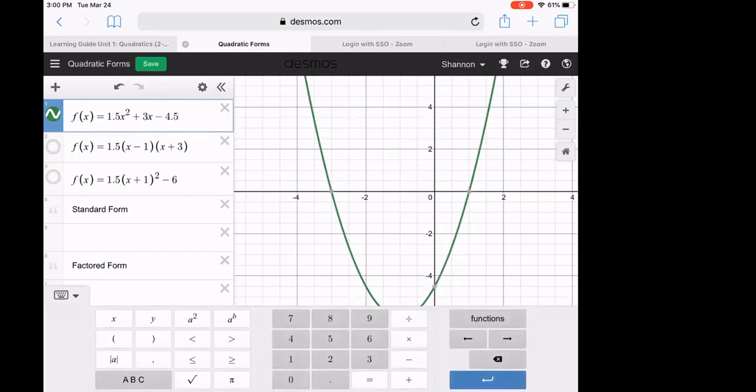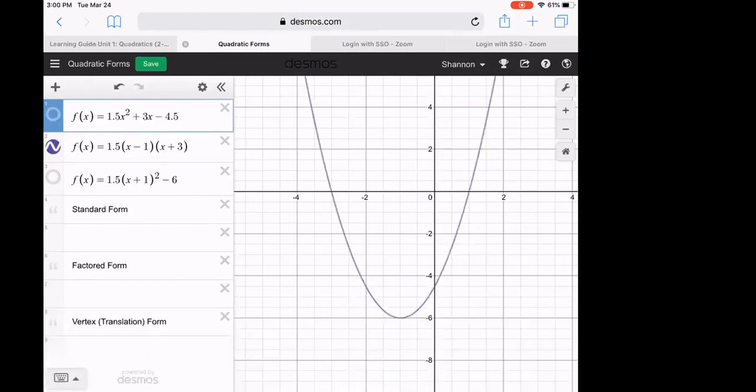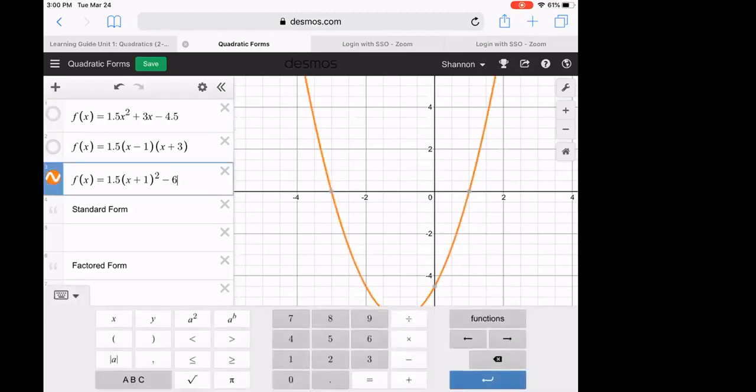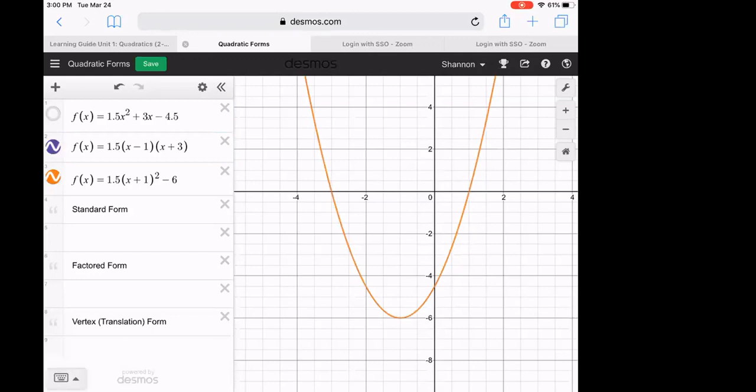And then if I turn that one off and turn on the purple one, yep, same graph. And if I turn off the purple one and turn on the orange one, that's the one at the very bottom of your worksheet, graph number 3, they're all the same. So all three graphs ended up being completely identical. So definitely that was on purpose. Obviously, I knew that was going to happen.